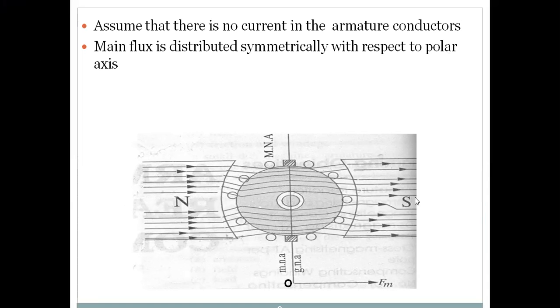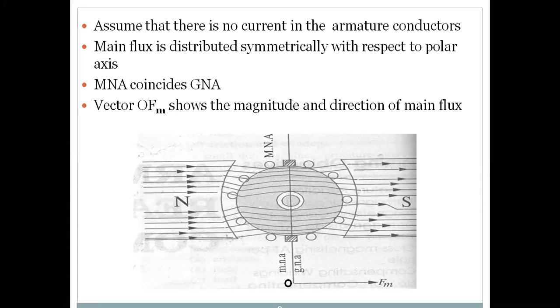Suppose this is north pole and this is south pole. The polar axis is the center line, I am drawing it with this pointer. You can see here, this is the polar axis. MNA coincides with the GNA. In this picture, MNA is coinciding with the geometrical neutral axis.